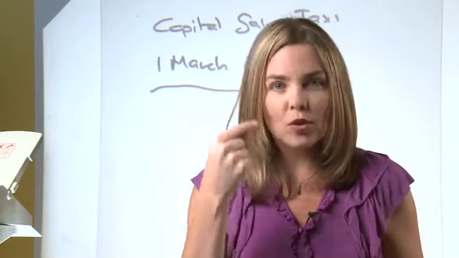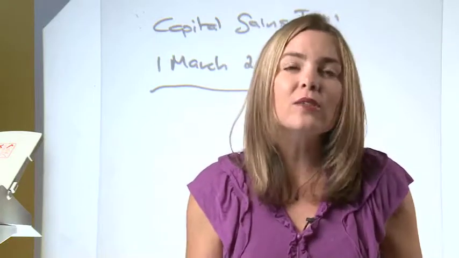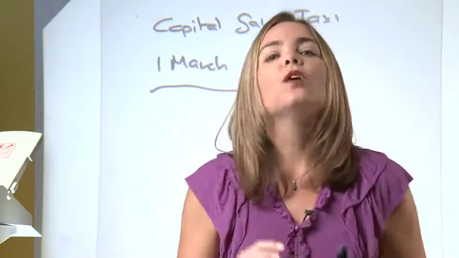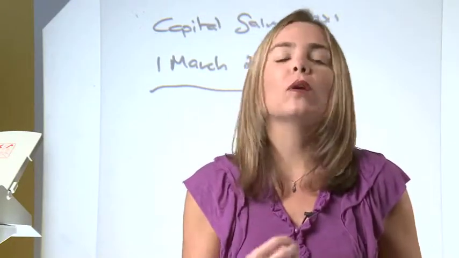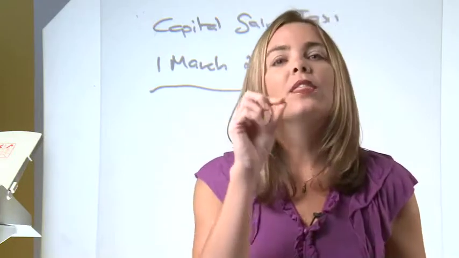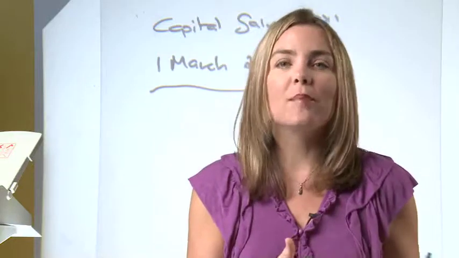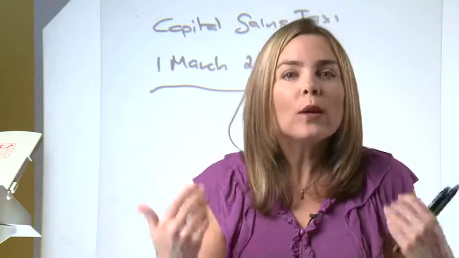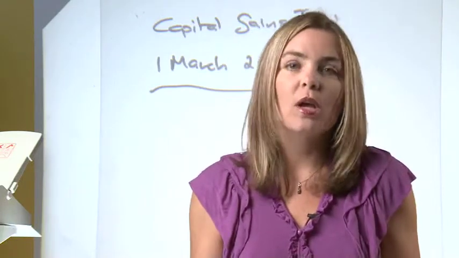So the information reflected in your tax letters and in your textbooks is effectively now out of date. So when you look at solutions around CGT, when you look at your information in your textbooks around CGT, these rates that I'm going to be telling you about won't be reflected there because we had no idea when all that information was drafted for you that the rates were going to change.